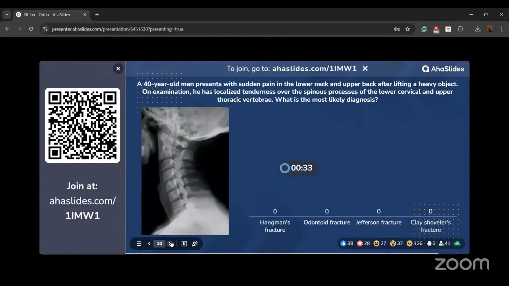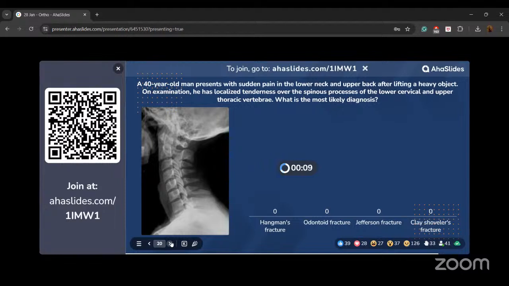A 40-year-old man presents with sudden pain in the lower neck and upper back after lifting a heavy object. On examination, he has localized tenderness over the spinous process of the lower cervical and upper thoracic vertebrae. So, what is your most likely diagnosis? I think this condition typically causes a localized fracture of the spinous process.